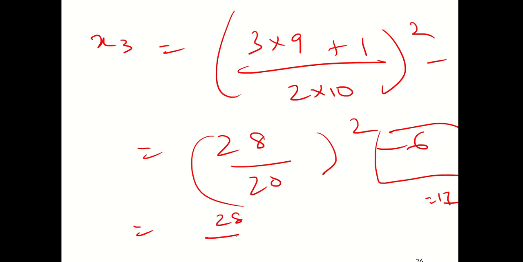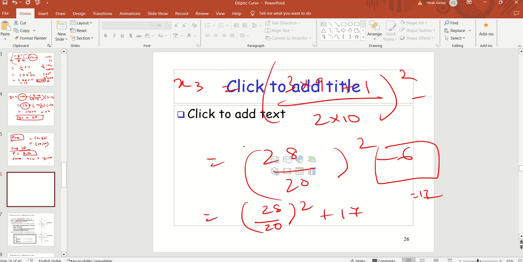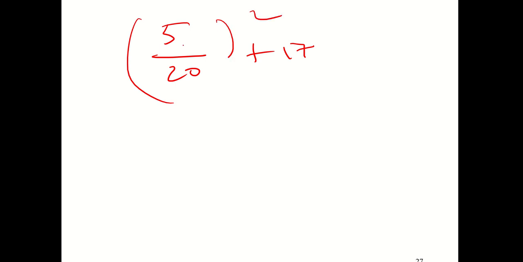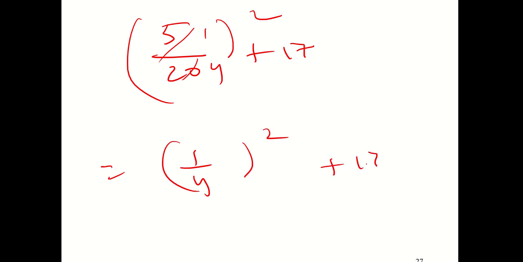So 28 by 20 whole square plus 17. Then we got 5 by 20, which is 1 by 4, whole square plus 17, which is 1 into 4 inverse whole square plus 17.